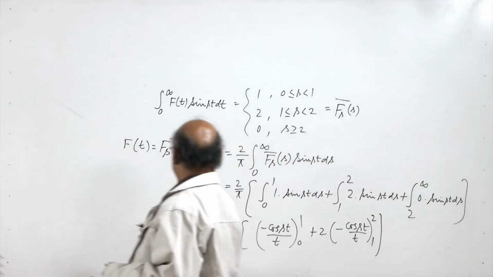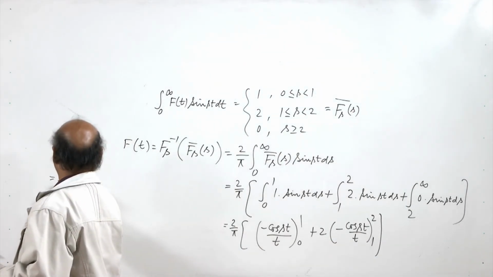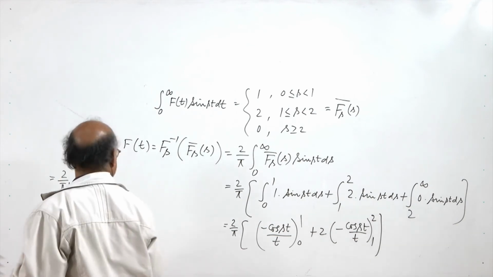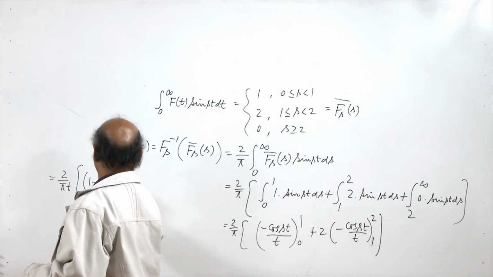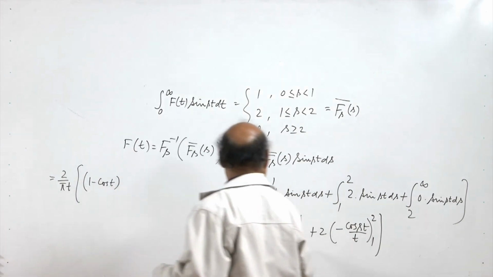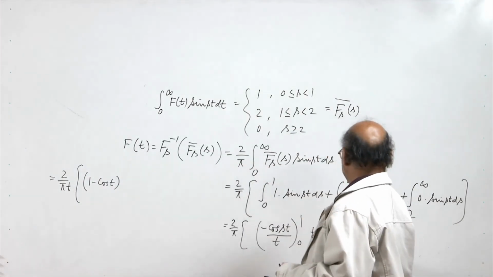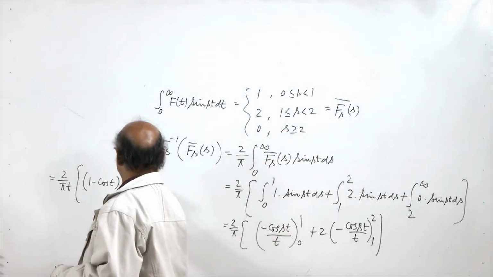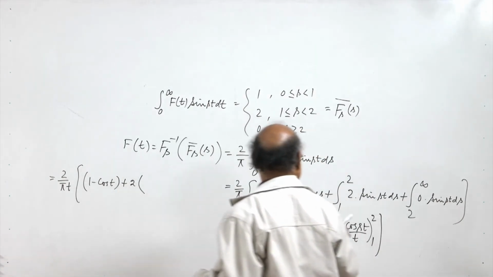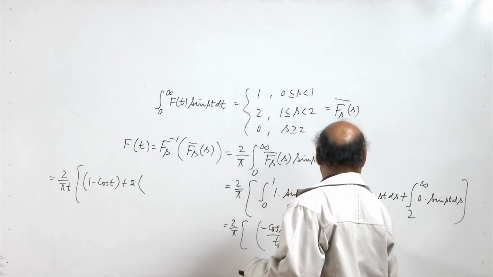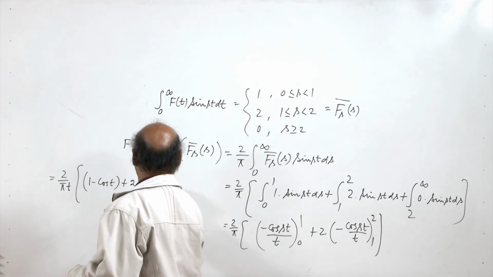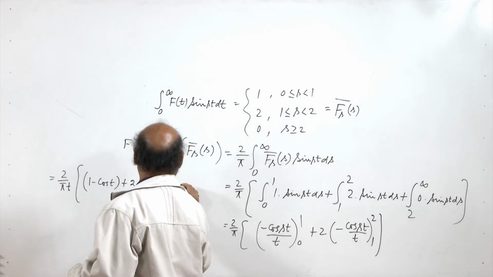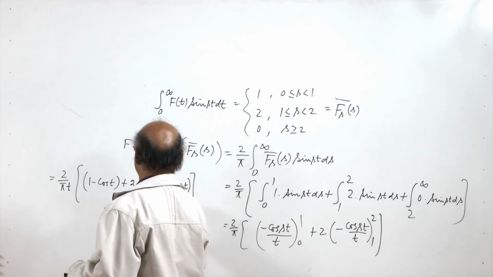So this gives us 2 over π t times 1 minus cos t, we get 1 minus cos t here, and we get 2 times, when you put 2 here we get cos 2t, when you put 1 here you get cos t, so cos t minus cos 2t.